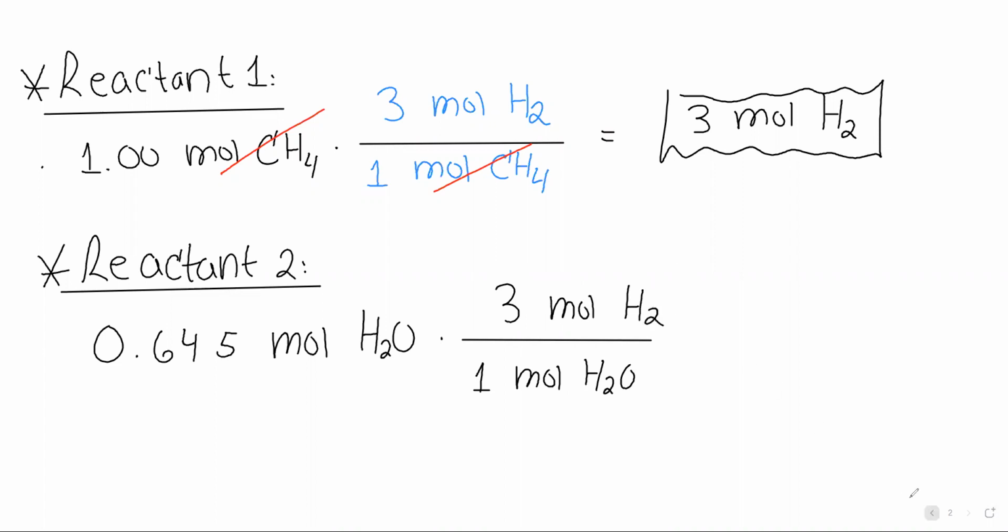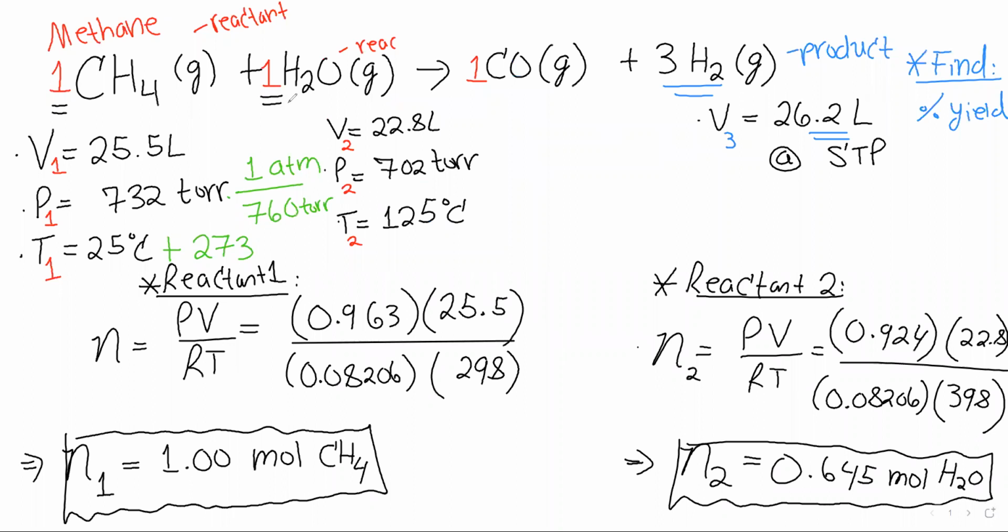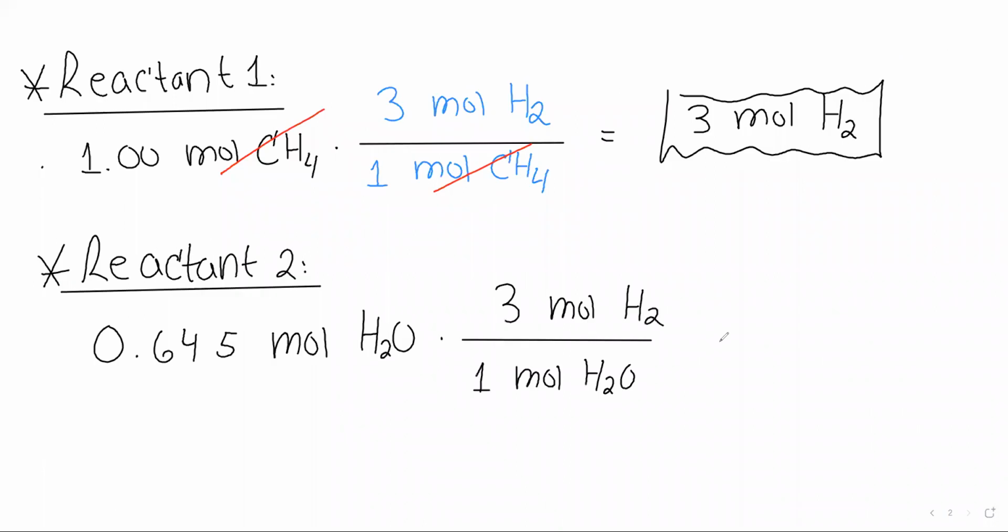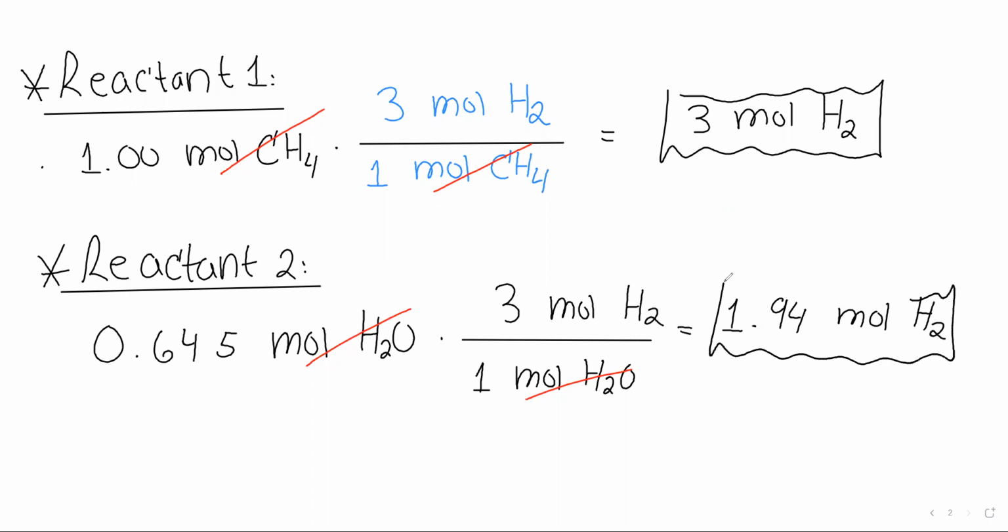Let me go back and check that. 1 mole of water to every 3 moles of product. When you type this into the calculator, you get 1.94 moles of hydrogen gas product. So we need to perform the calculation twice for each reactant.